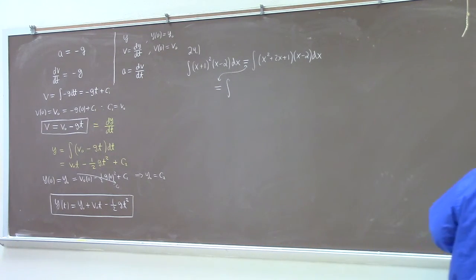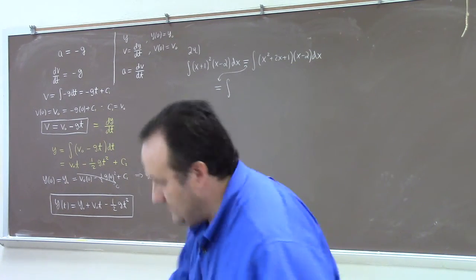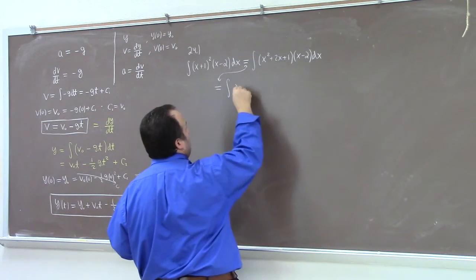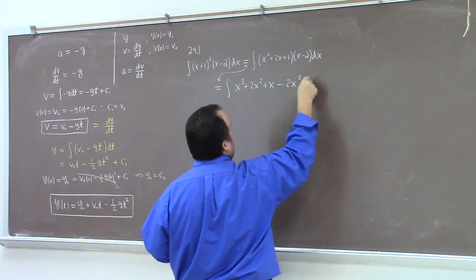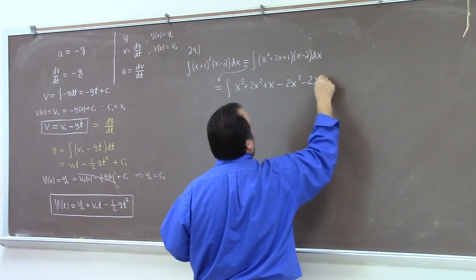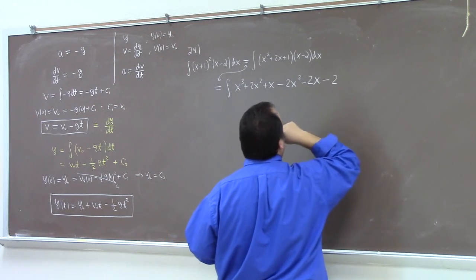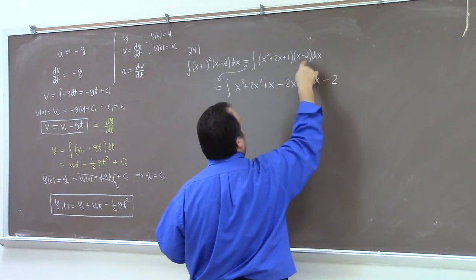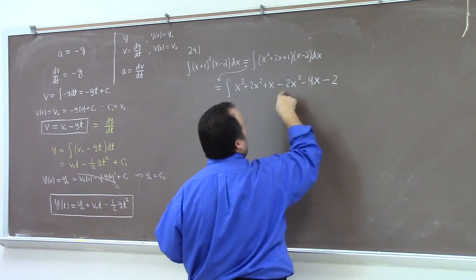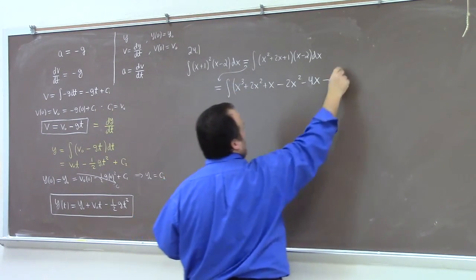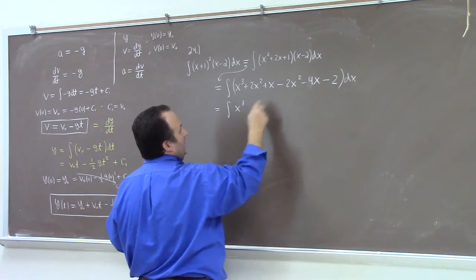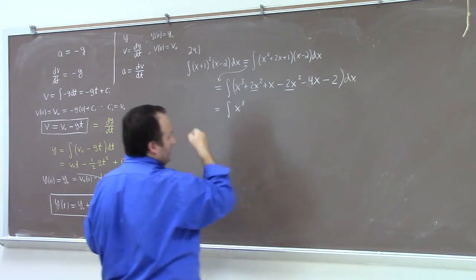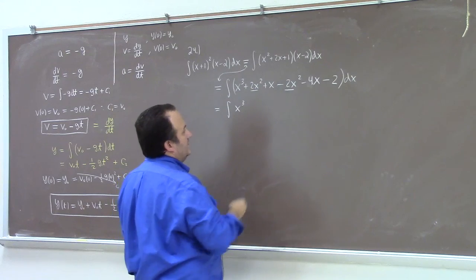We've got a binomial times a trinomial, 2 times 3, 6 terms. So it looks like we got x cubed plus 2x squared plus x minus 2x squared minus 2x minus 2. That's 4x rather, so 2 times minus 2 is minus 4. We can collect like terms. So we've got x cubed. Oh, those cancel, don't they? That's nice. And minus 3x.